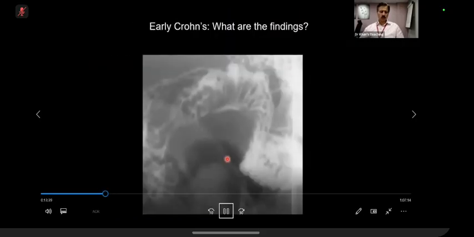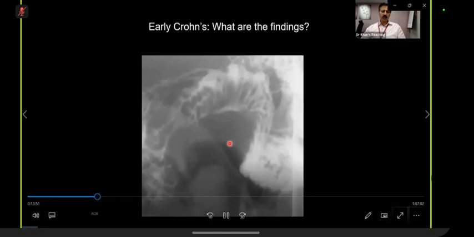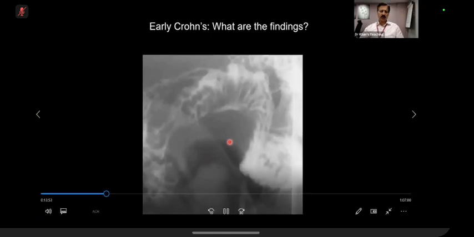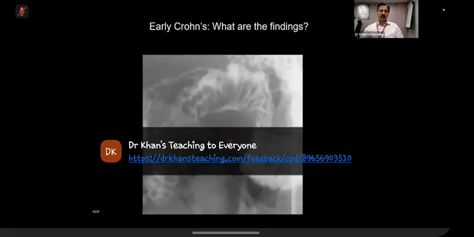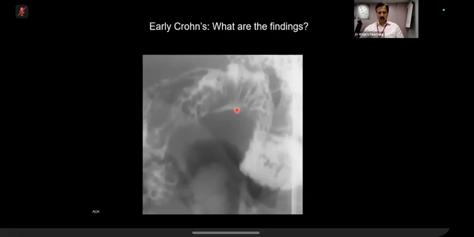Now, I am going to teach you something here, which will help you to pick up an exam finding. In Crohn's disease, what happens is that ulcers are deep ulcers. And some of these ulcers can be very linear. Look at this ulcer.